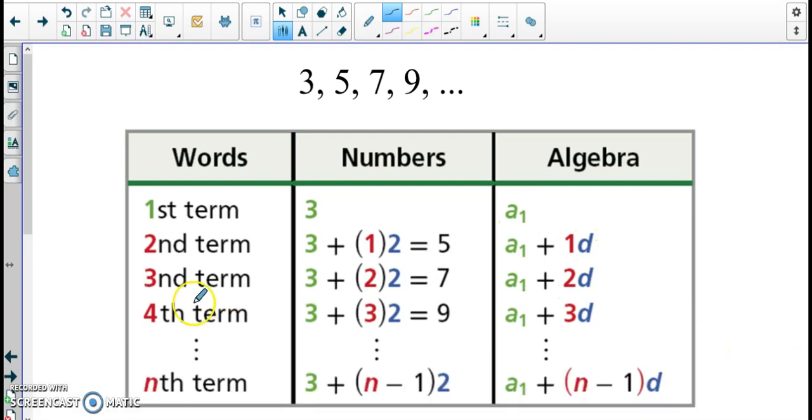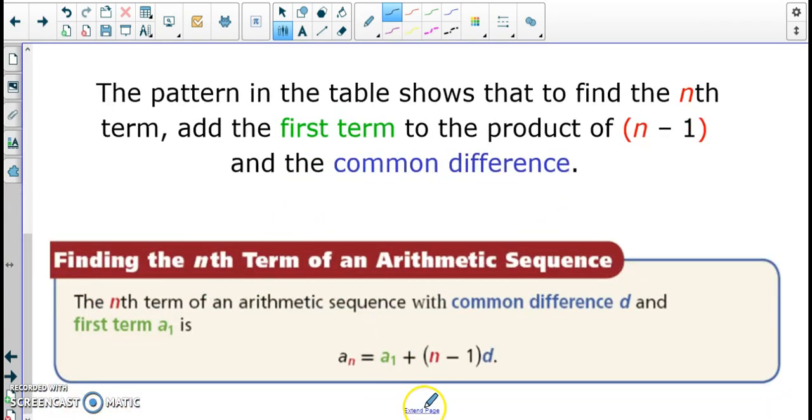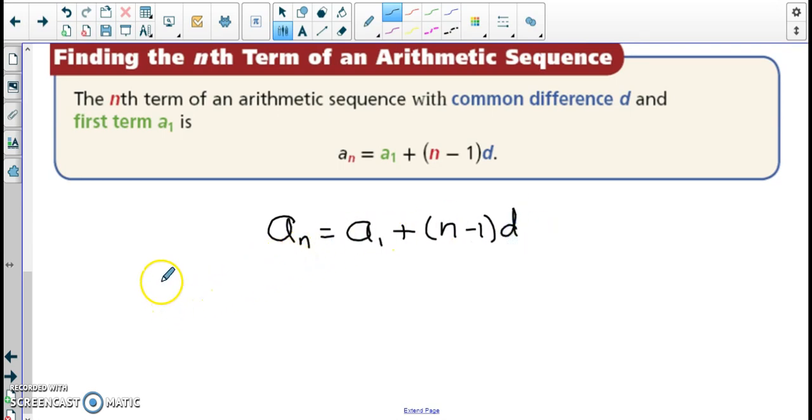Okay, so to get to the fourth term, we're going to end up having the first term plus 3 times whatever the common difference is. That leads us to this formula that is on the bottom of your page. So circle that, highlight it, rewrite it. a sub n equals, so any term equals the first term plus n minus 1 times d. Okay, that will be the formula that we are going to use.